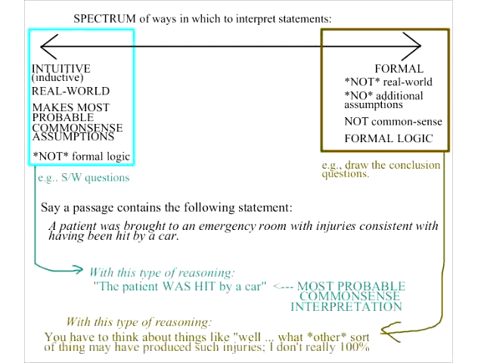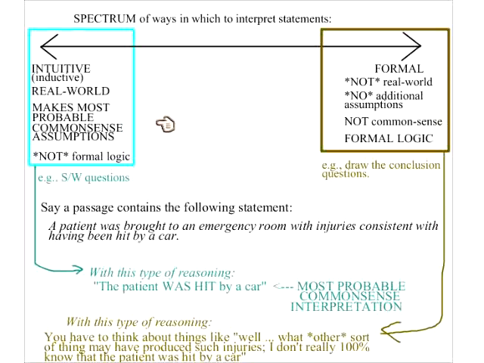I don't really 100% know that the patient was hit by a car. In these kinds of problems, you don't make the common sense assumptions, and so you would have to think about stuff like this.